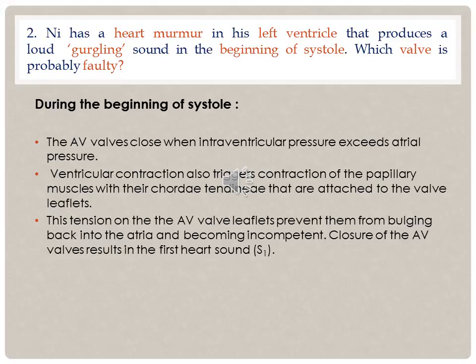After that, the ventricular contraction will trigger contraction of the papillary muscles with their chordae tendineae that are attached to the valve leaflets. And this tension on the AV valve leaflets prevents them from bulging back into the atria and becoming incompetent. The closure of the AV valve results in the first heart sound.